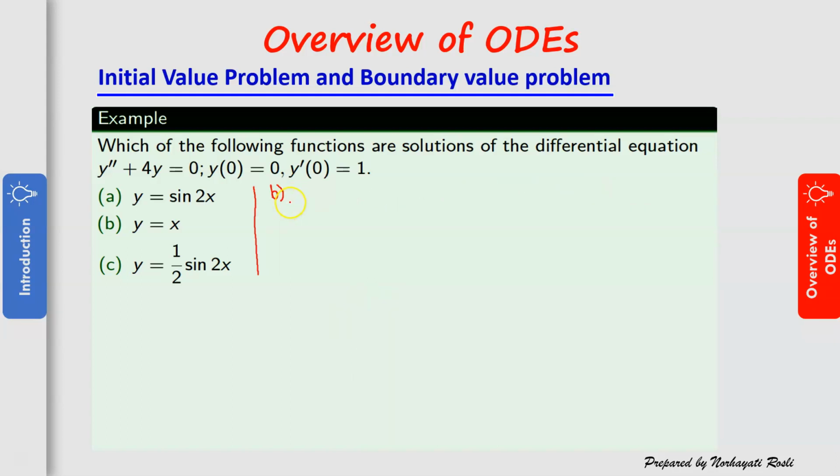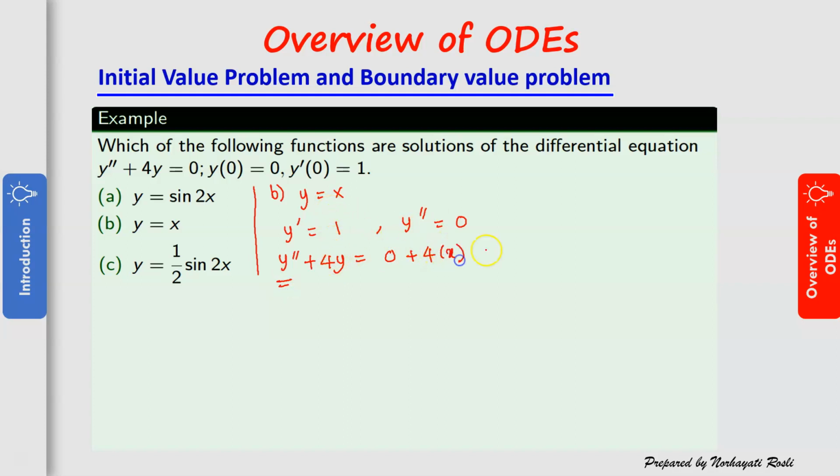Now class, let's do B. B we have y equal to x. When I differentiate this one, I get y prime equal to 1, and then y double prime equal to 0. When substituting in this differential equation, I will have y double prime plus 4y, which is equal to 0 plus 4 times y, which is x.